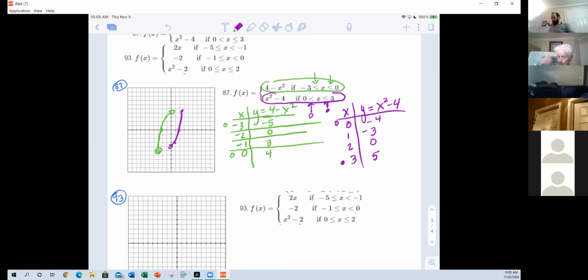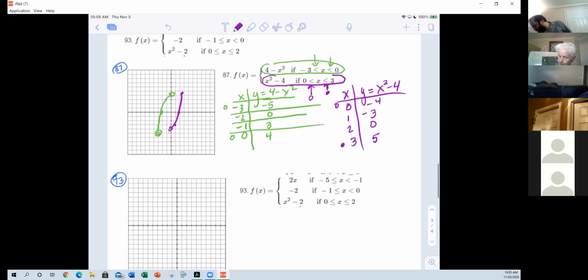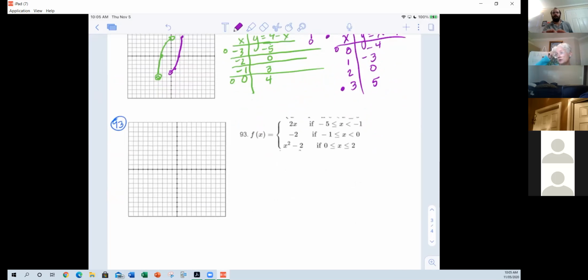Okay, 93, before we start 93, I want us to envision what each piece of this graph is going to look like. So what is this first piece going to look like? If I have y equals 2x, what is that going to look like? What kind of shape? That's all I'm asking, shape.